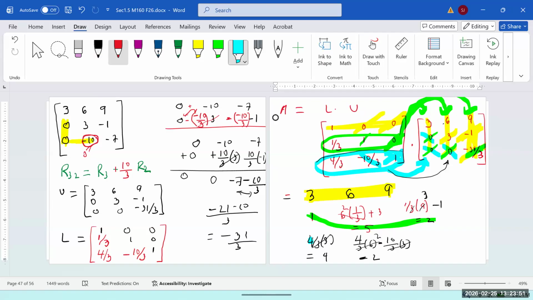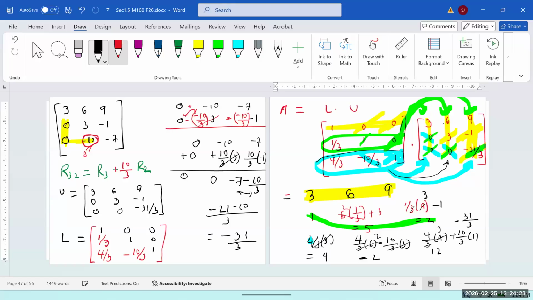And lastly, we do the last column. In this last column, nothing cancels out. So we have 4/3 of 9 plus 10/3 of 1, and then minus 31/3. So 3 goes into 9 three times, we get 12.